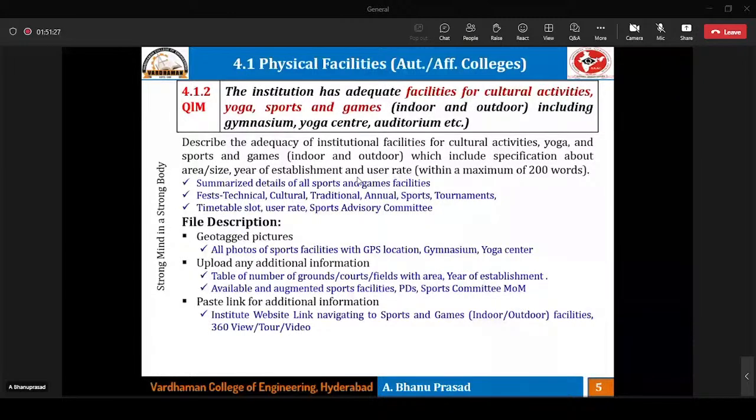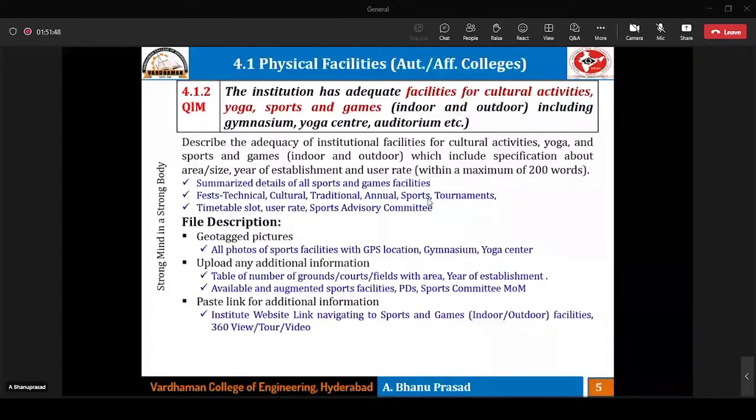Here we can upload a document which describes in brief any national, state, or international level achievements by the students.